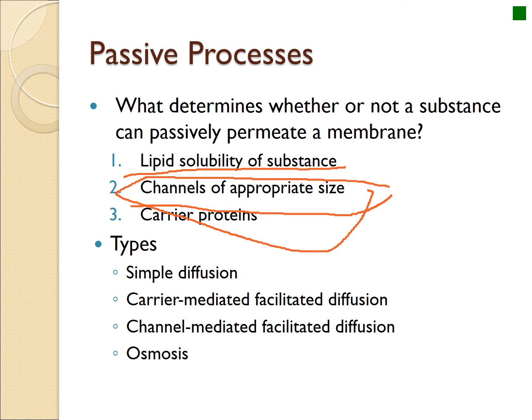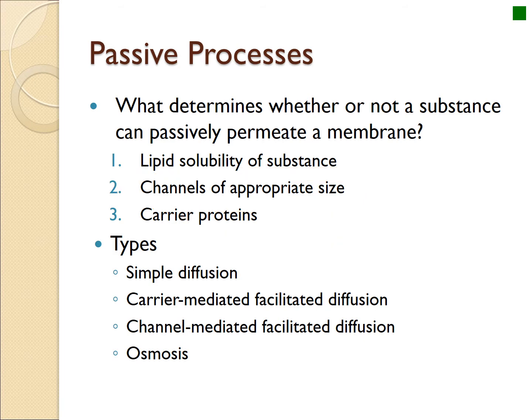They kind of get stuck. These are then moved by what are called channels of appropriate size and carrier proteins. So when we look at these two, channels of appropriate size are going to be very specific materials that basically are like tunnels with gates.